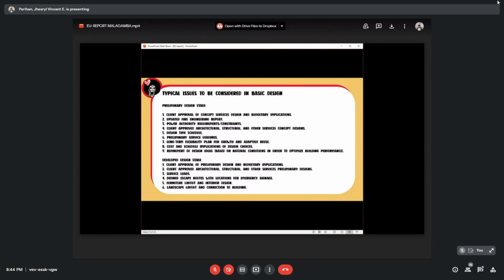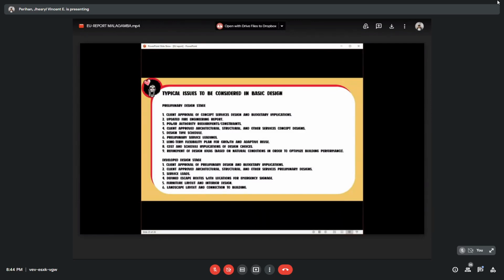In develop design stage, first, client approval of preliminary design and budgetary implications. Second, client approved architectural, structural, and services preliminary designs. Third, service loads. Fourth, define escape routes with locations for emergency signage. Fifth, furniture layout and interior design.